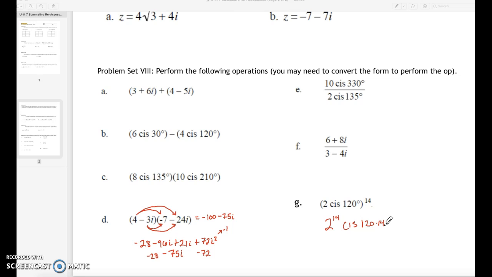It doesn't take you long. You end up getting 240 degrees. So that would be 2 to the 14th power, pretty big number, 16,384, cosine imaginary sine 240 degrees.